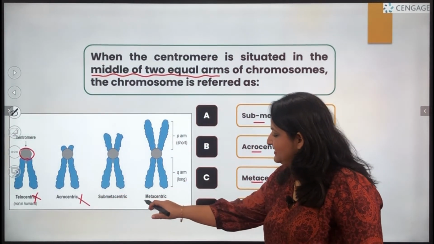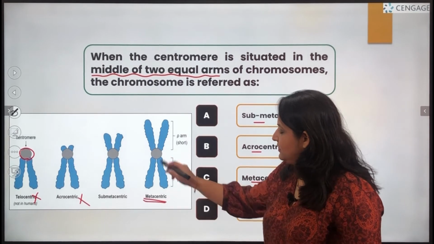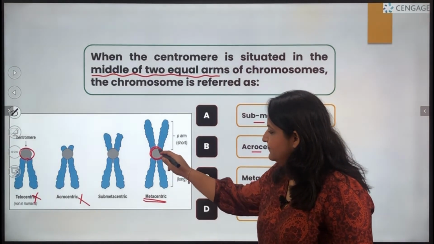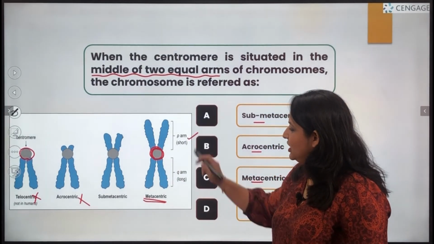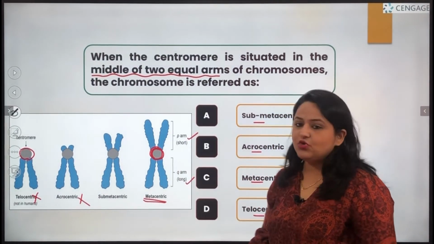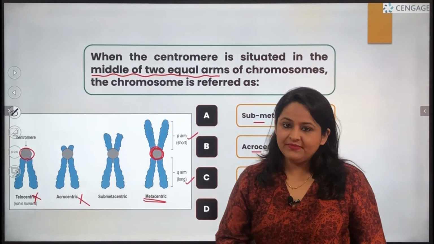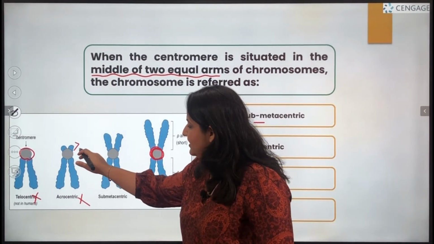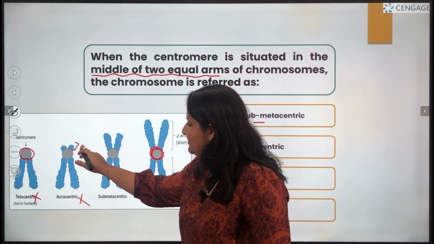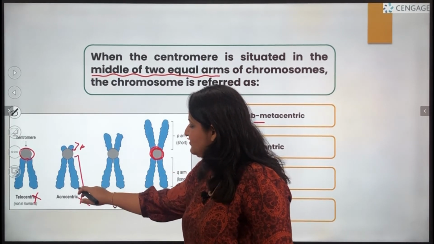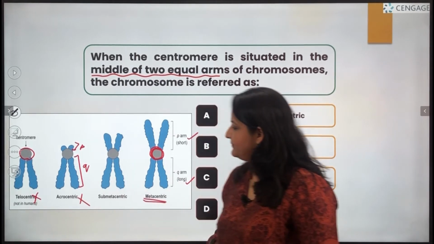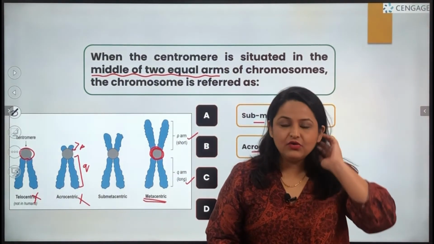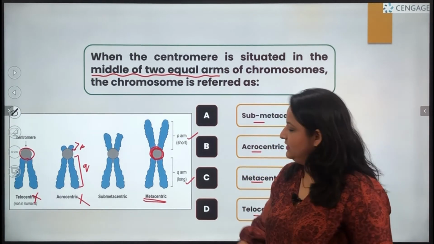Then metacentric is that type of chromosome which has the centromere present in the center, resulting in equal P as well as equal Q arms. P is generally referred to as the short arm. So here this arm which is short will be the P arm and this arm which is the longer one will be the Q arm. Whereas in the case of metacentric, the P and the Q are equal in length.